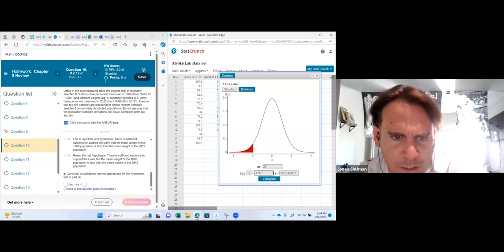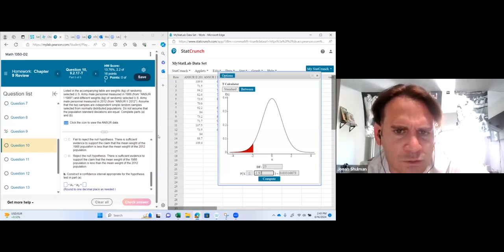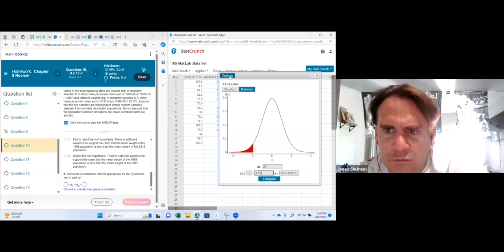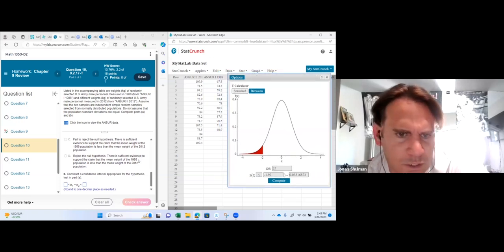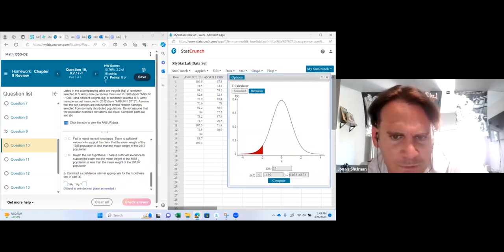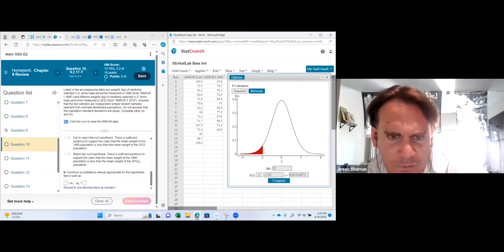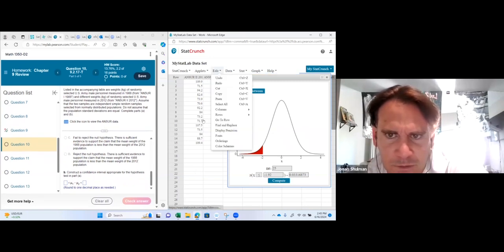I'm trying to get that confidence interval. There should be another way to walk us through that. Now it's a one-tailed test, so we have to double the alpha value. So 0.05 becomes 0.025, but I don't think that's going to help us.